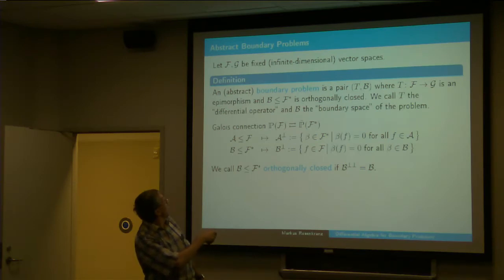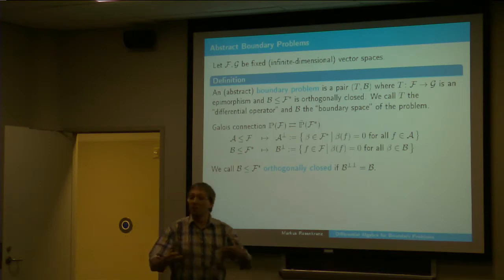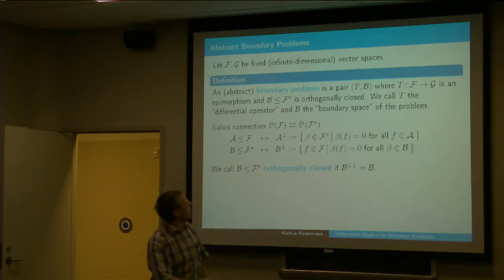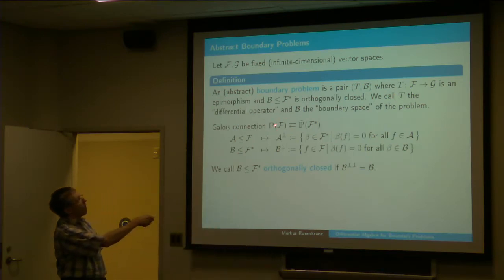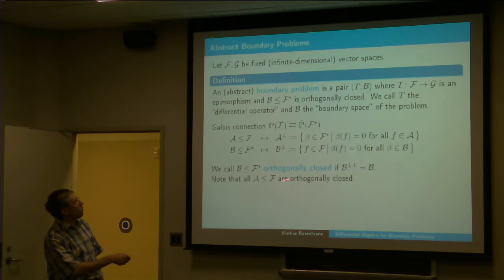If you have ideals on the right-hand side and varieties on the left-hand side, the orthogonally closed objects would be the radical ideals. And there's no corresponding notion necessary here, because it turns out on the left-hand side everything is orthogonally closed. They are always orthogonally closed, the subspaces of the primal space.